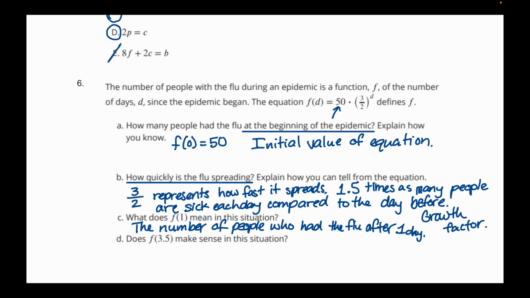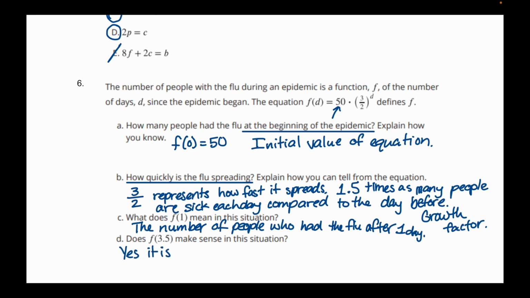And then they said, does F of 3.5 make sense in this situation? That would be the number of people who have the flu after 3.5 days. And yeah, this definitely makes sense. So F, we'll say yes.